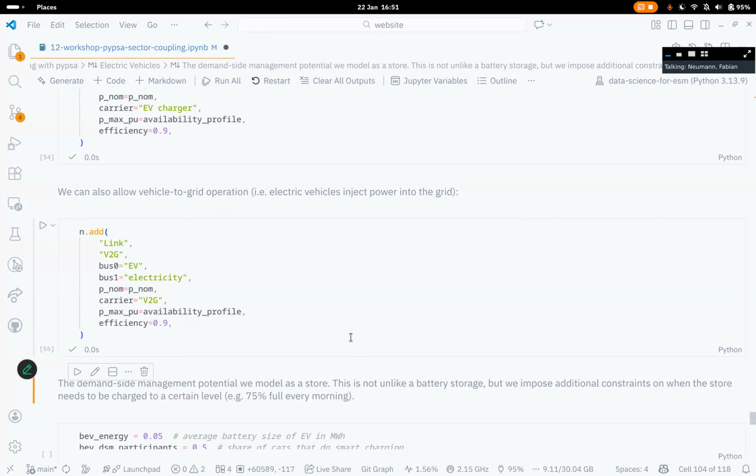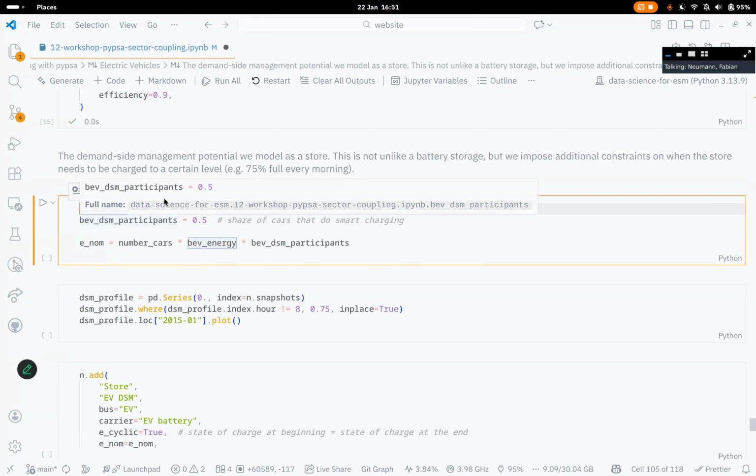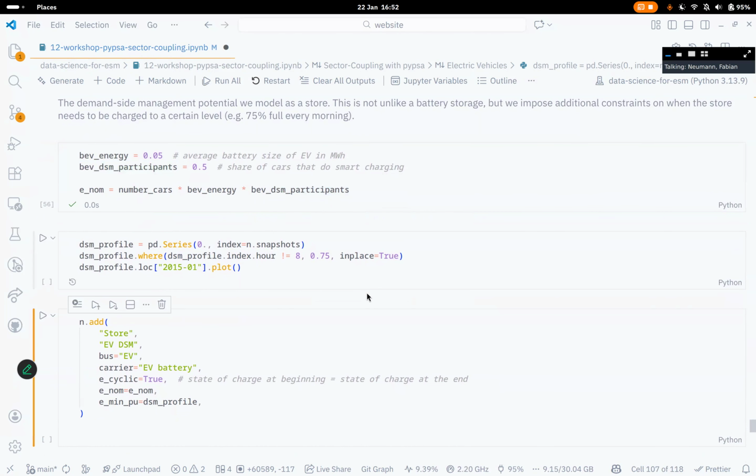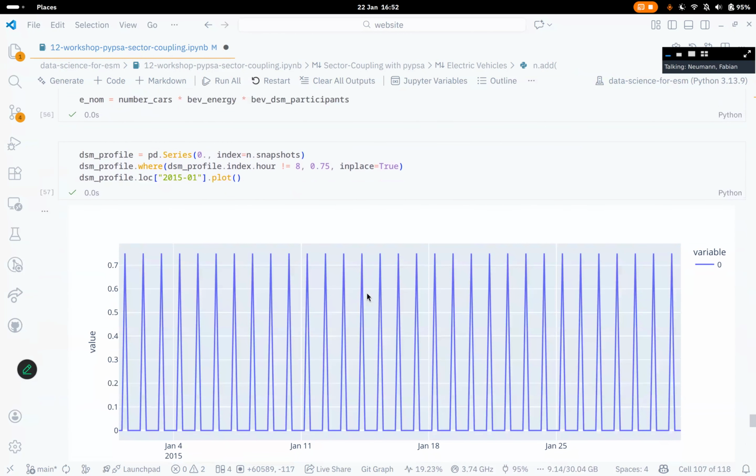We would model that as a storage, basically as the battery of the electric vehicles, where we would say the total energy of all the batteries is the number of cars times the energy per electric vehicle, and then some fraction of cars that participate in smart charging, and potentially a demand side management profile where we could impose some constraints.